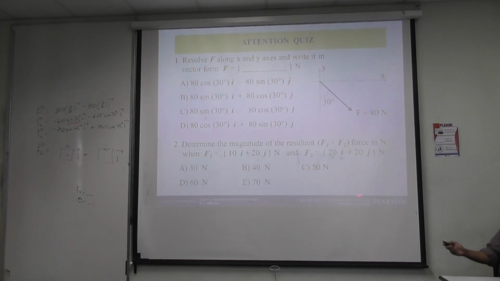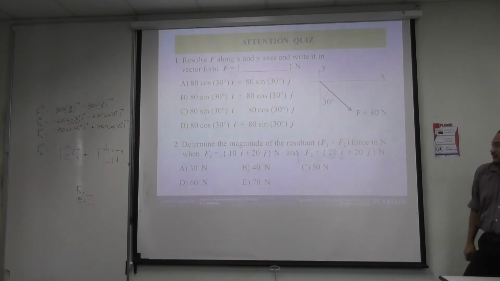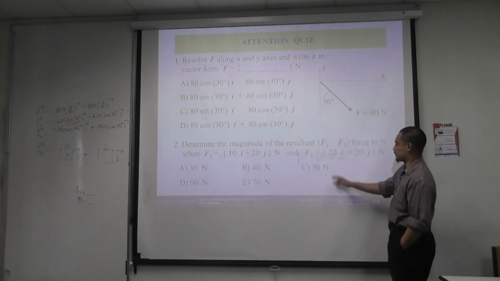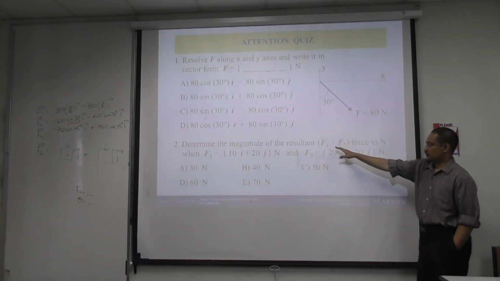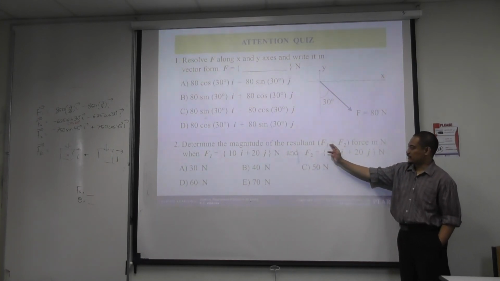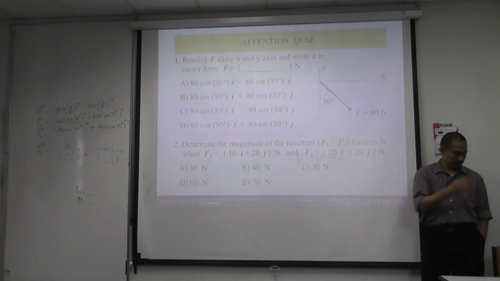Right? What is one? If F1 is 10i plus 20j, F2 is 20i plus 20j, the magnitude of the direction of F1 plus F2 is which one?